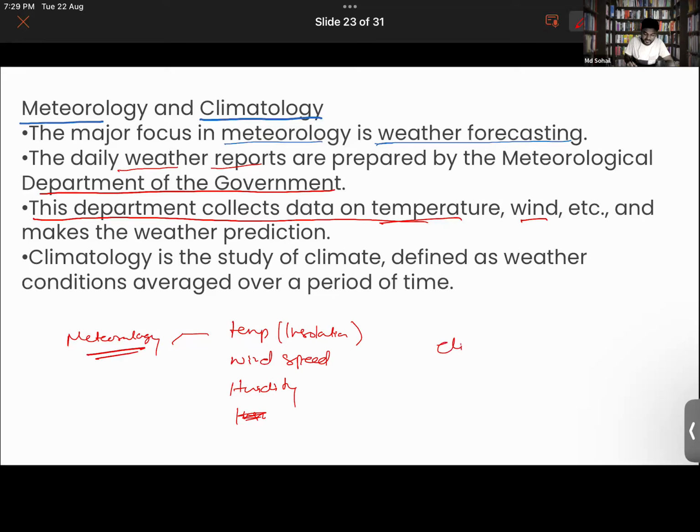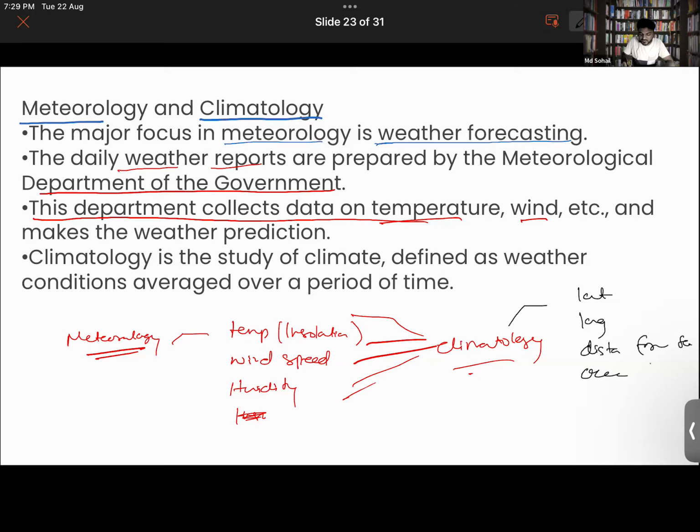While the Department of Climatology will also study the same data, but in context to what? In context to latitude, longitude, distance from the sea, ocean currents, and distance from the equator, which we call latitude, and elevation also.